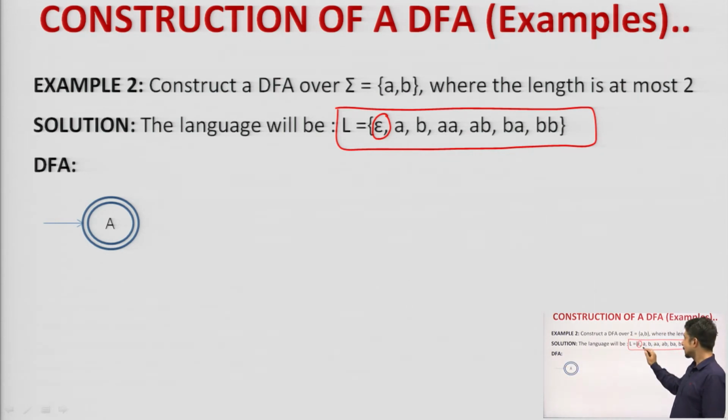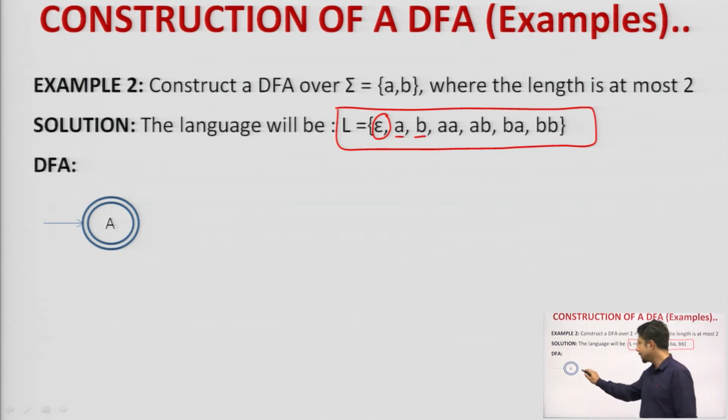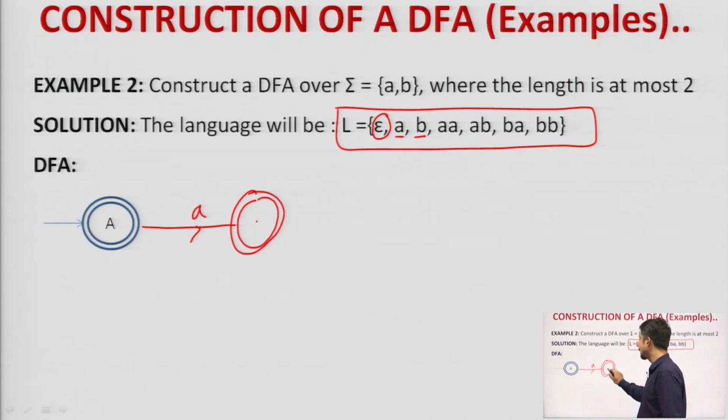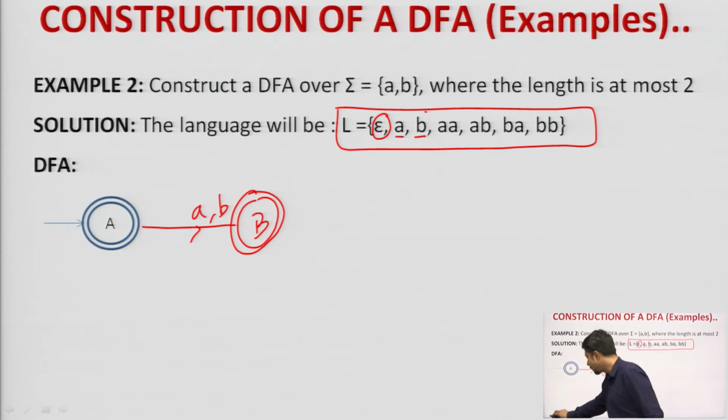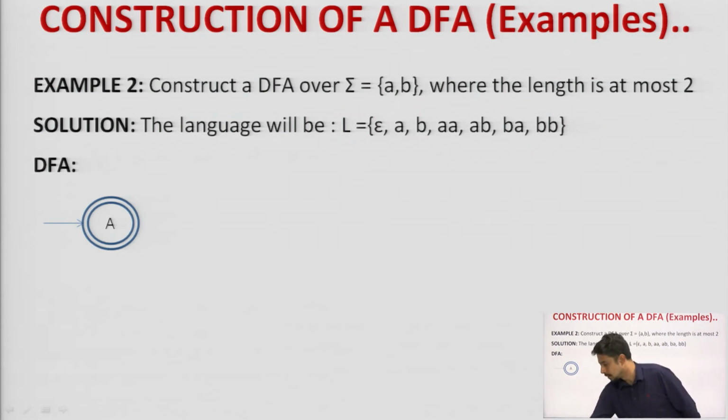Got it? Next comes single A, single B. You can pause the video and think how to do it. For single A, I will design a single A transition and take one more state, and I have to make that second state also a final state. Then for B, what I have to do? Comma B, correct? So, this is what I have to do. Now, let me check the flow. A, I got it, then B, got it.